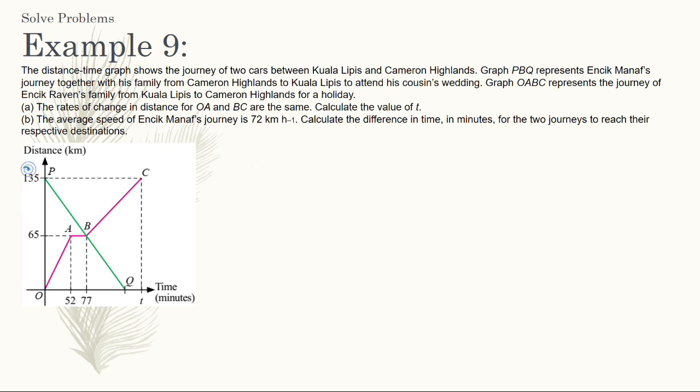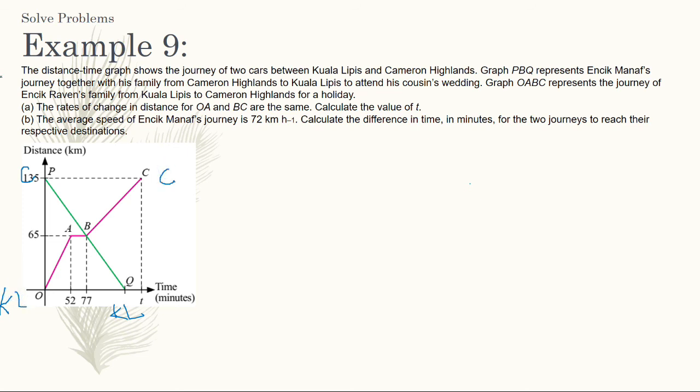This is Cameron Highland, this is Kuala Lipis. Okay. Graph OABC, the red colored, represents the journey of Encik Raven's family from Kuala Lipis to Cameron Highlands. So here it represents Kuala Lipis to Cameron Highlands.